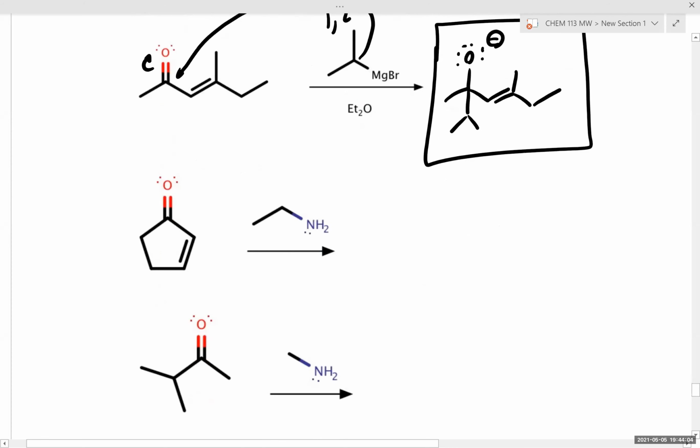Amines and sulfides in the context of enones are considered soft nucleophiles, and they will preferentially add 1,4 rather than generate the enamine product. As such, we get the following 1,4 addition product.